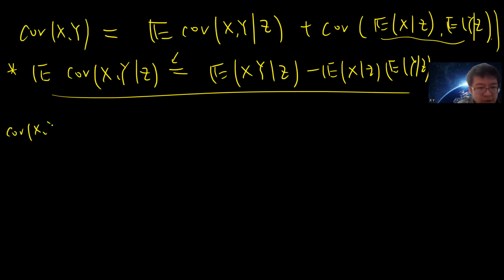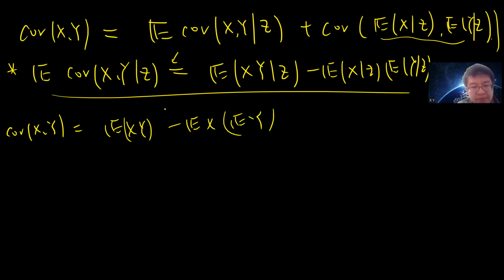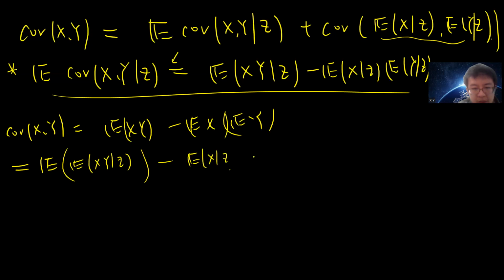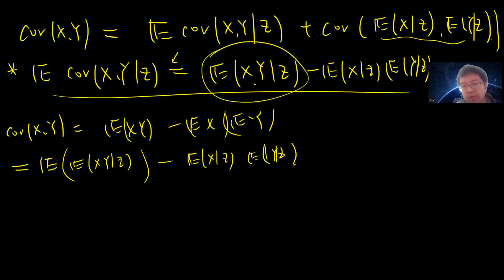We can write the covariance of X, Y as the expectation of XY minus the expectation of X times the expectation of Y. Now I can use the trick: I can write the expectation of XY given Z, and minus the expectation of X given Z times the expectation of Y given Z. This expectation value of XY conditional on Z, I can just replace.